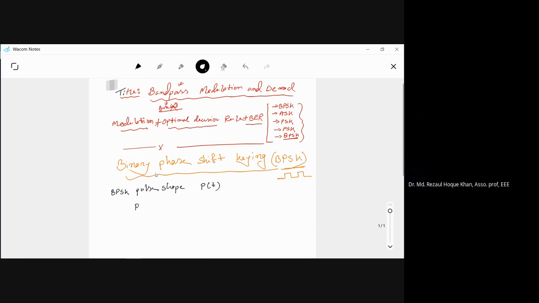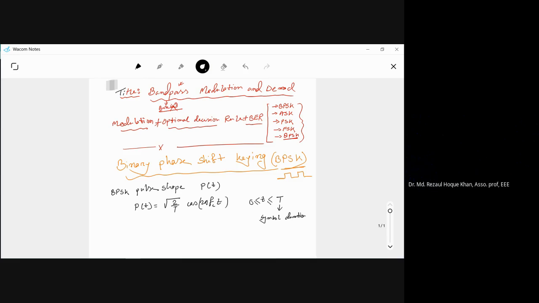The p(t) is defined as square root of 2 by T cos(2 pi Fc t), where capital T is the symbol duration. So what is capital T? Capital T is the symbol duration.